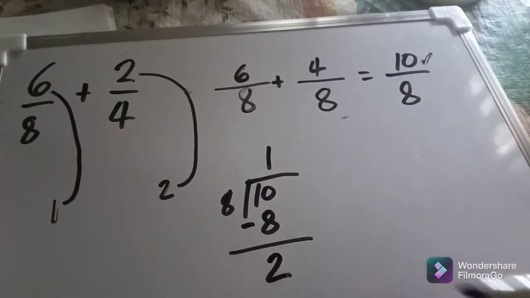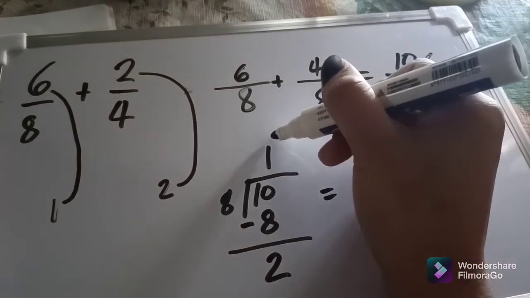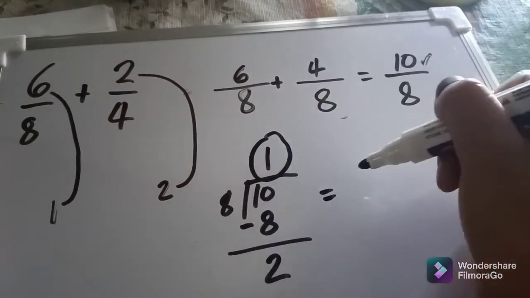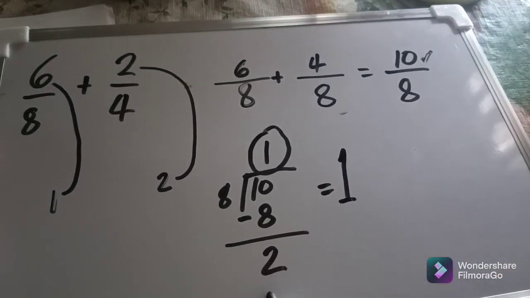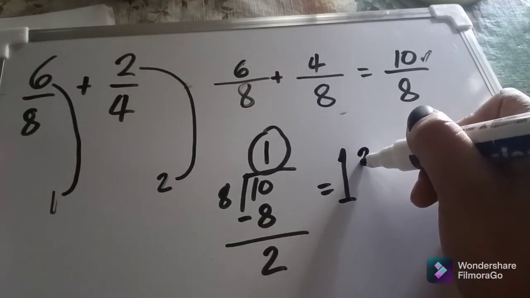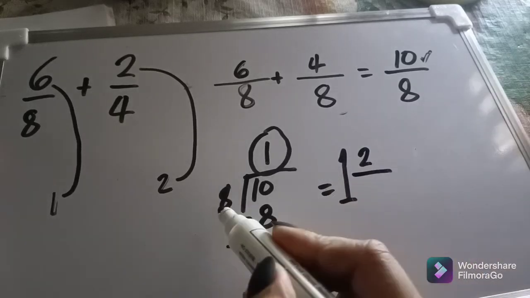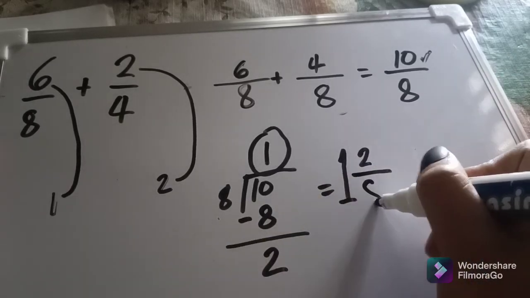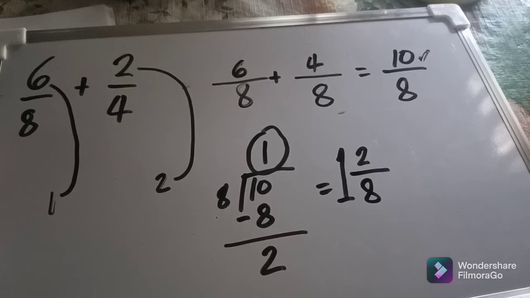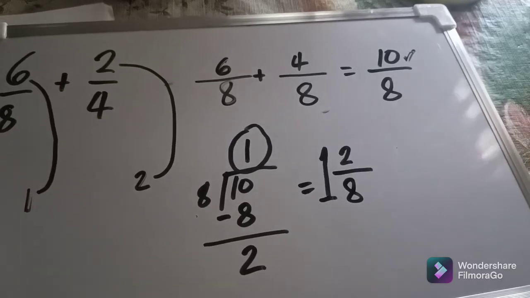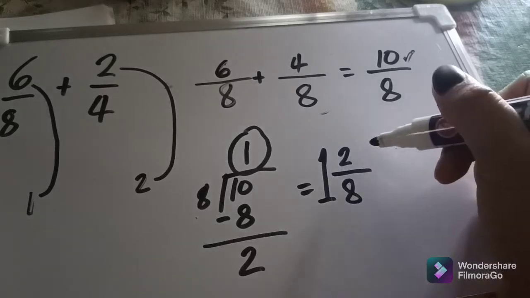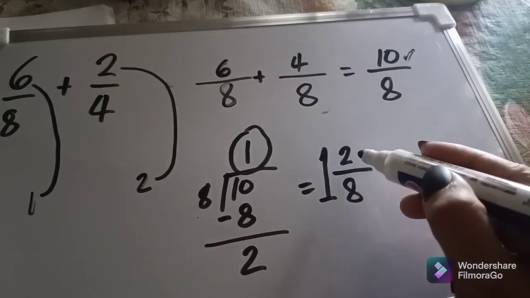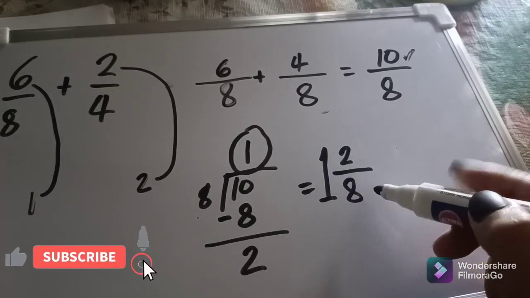Okay, 2. We're done. So we are going to, the number up here is the whole number. And the remaining number here, that is our numerator. And then our divider, which is 8, should be put there. Okay, but we're not yet done there. We have to simplify the fraction. Okay, so think of a number that can divide both the numerator and the denominator.